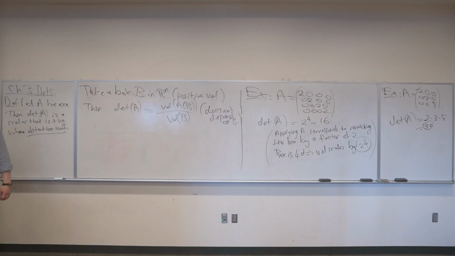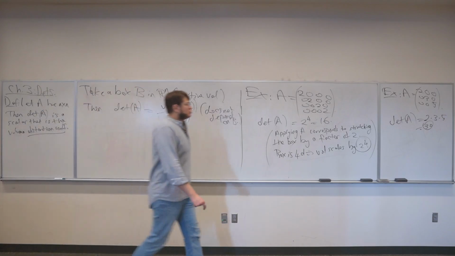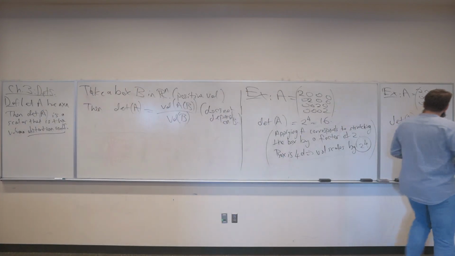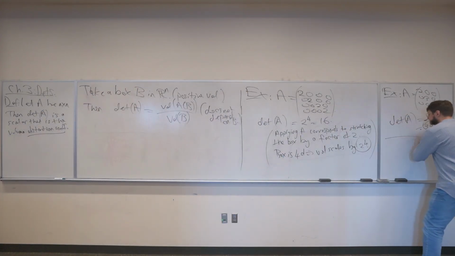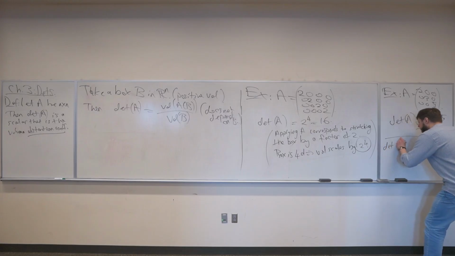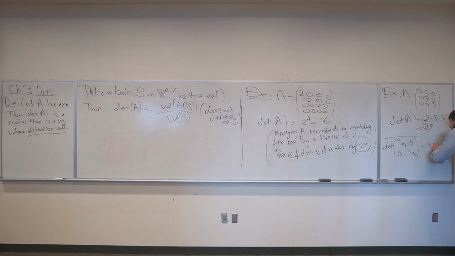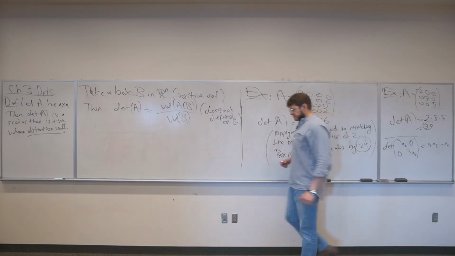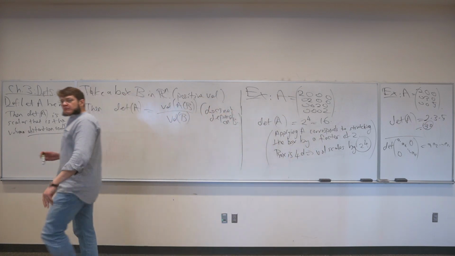In fact, this is going to work for any diagonal. The determinant of a diagonal matrix is the product of the diagonal entries. The determinant of diag(a1, a2, ..., an) is a1 times a2 times ... times an, by the same idea. Make sense?